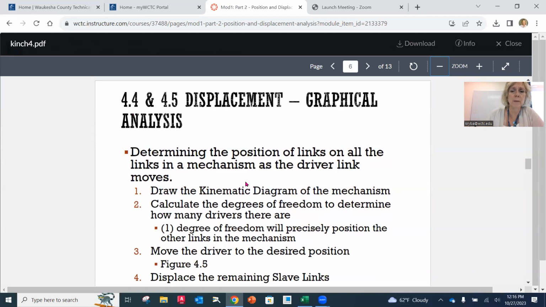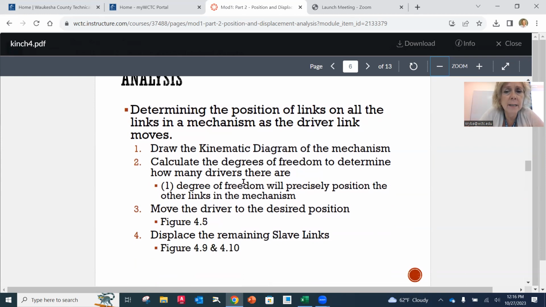When we determine the position of all the links in a mechanism, I think I misspoke there, as that driver moves around, we need to first draw the kinematic diagram in its initial place. That may or may not be at the extent of the motion.